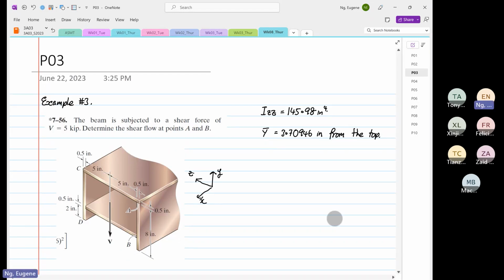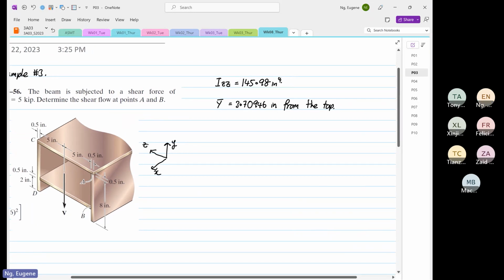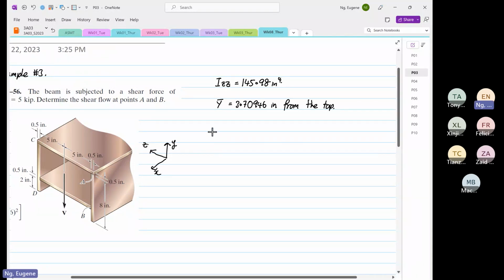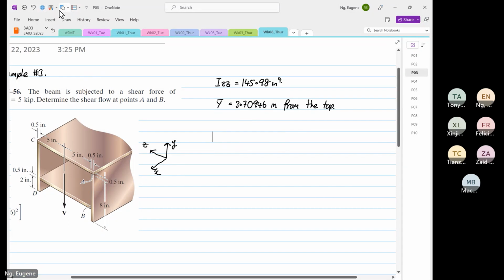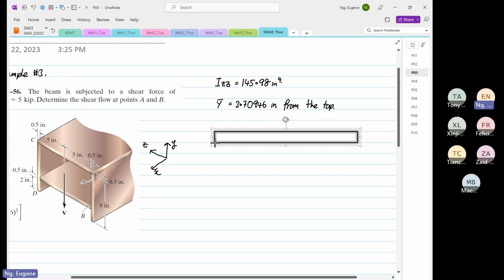Okay. So now we have to again sketch the shear flow. Okay. So now I'm going to sketch the beam first. Hey, wrong function. So this is the beam. And then you've got another piece down here.